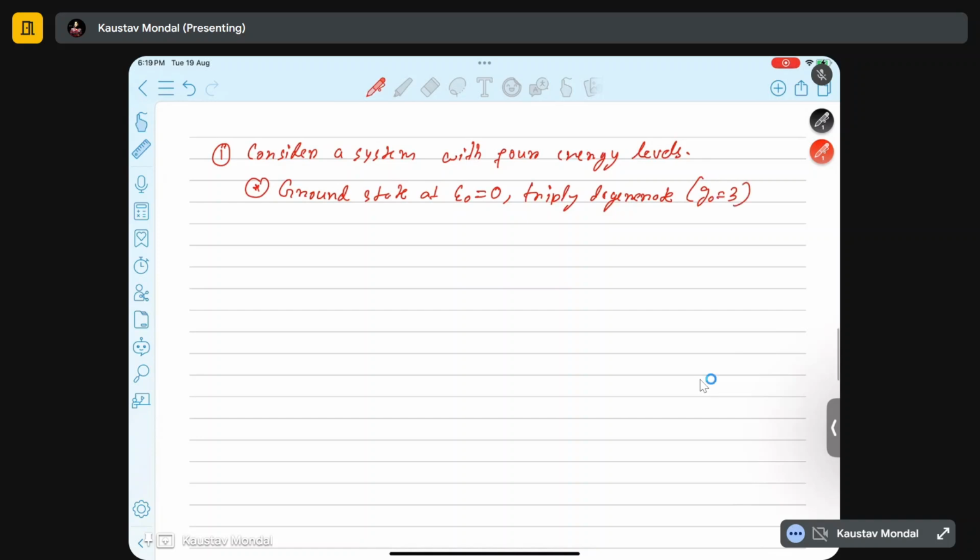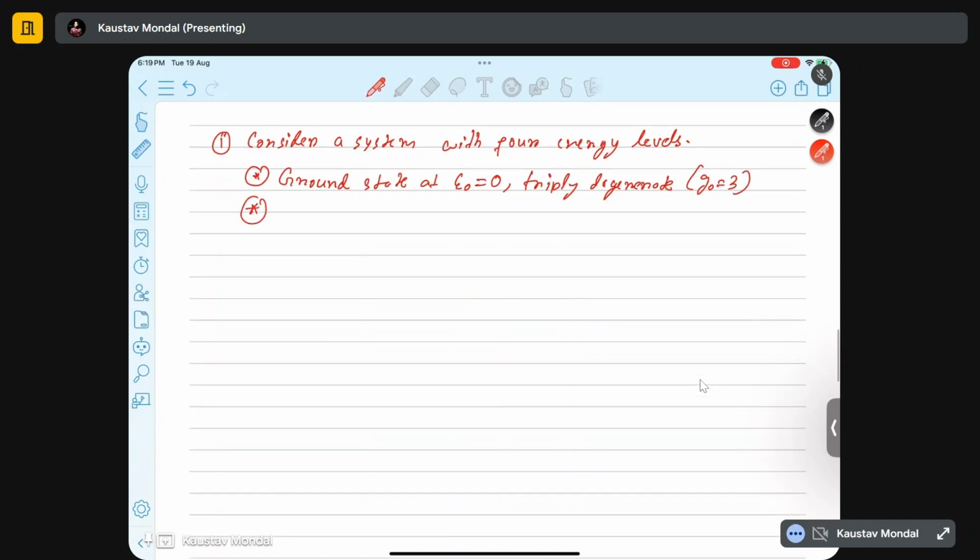That means the second is the first excited state at E1, and E1, the first excited state, is doubly degenerate. Doubly degenerate is g1 equal to 2.